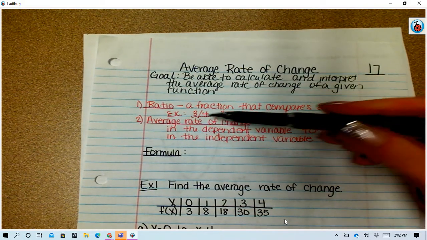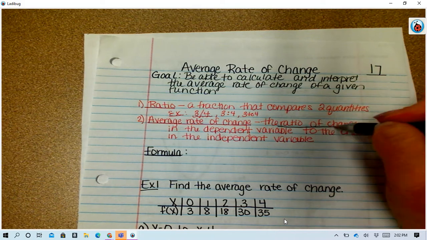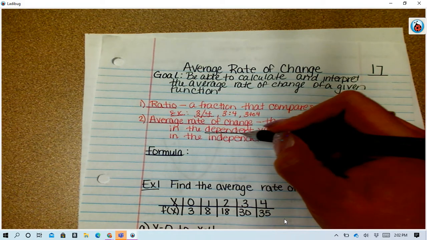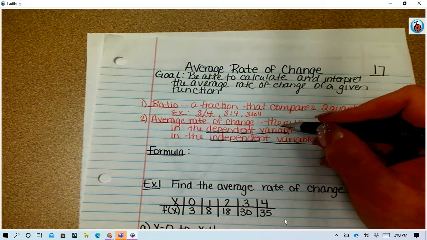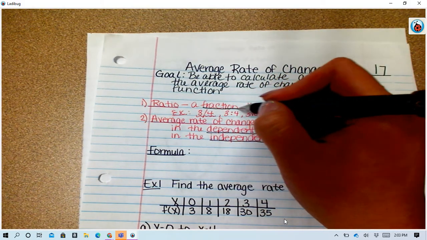So, average rate of change is the ratio of change in the dependent variable to the independent variable. And we know that a ratio is a fraction.